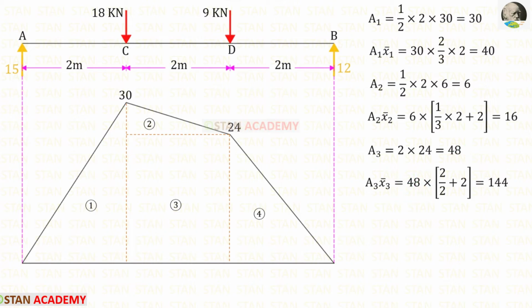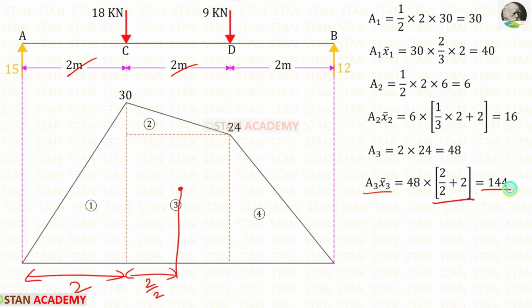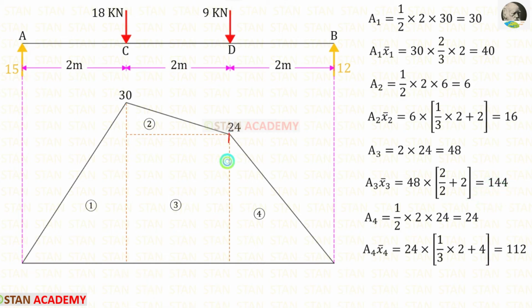We know that in the rectangle, the centroid lies in the center. So to get this distance, we have to divide 2 by 2. Then we have to add the remaining distance, that is 2. Finally, for area 3 x bar 3, we will get 144. Now let us take the fourth part.